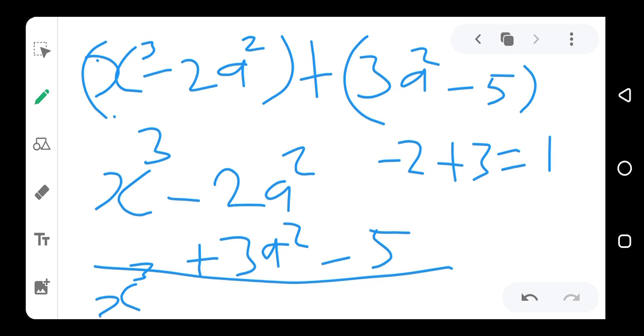So we have this, a raised to power 2, and then this is minus 5. So this is the answer: x raised to power 3 plus a raised to power 2 minus 5.